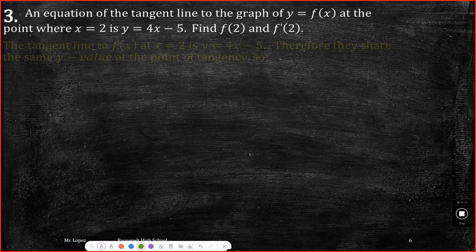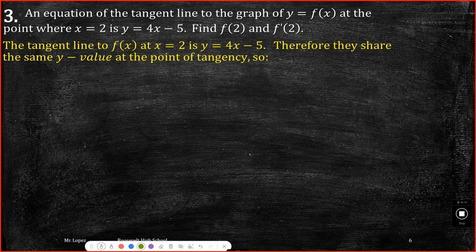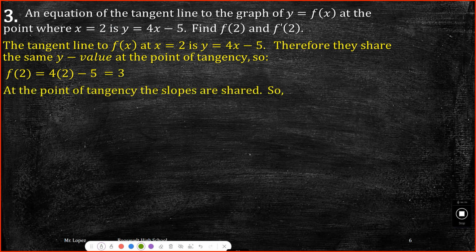It is 4. So the tangent line to f of x at x equal to 2 is y equals 4x minus 5. Therefore, they share the same y value at that point of tangency. We already went over that. They also share the same rate of change. At that point of tangency, the slopes are shared. So f prime of 2 is 4.